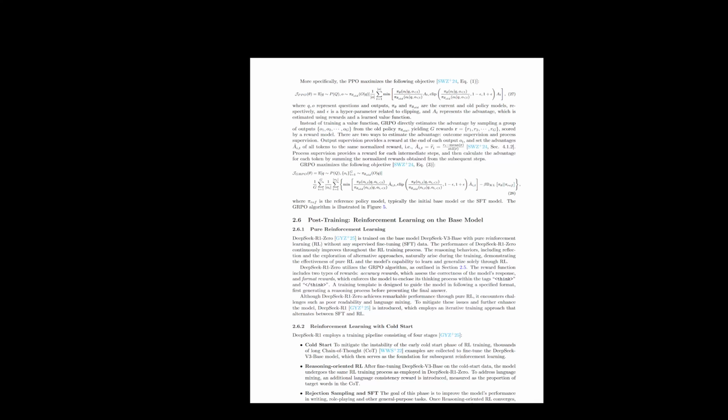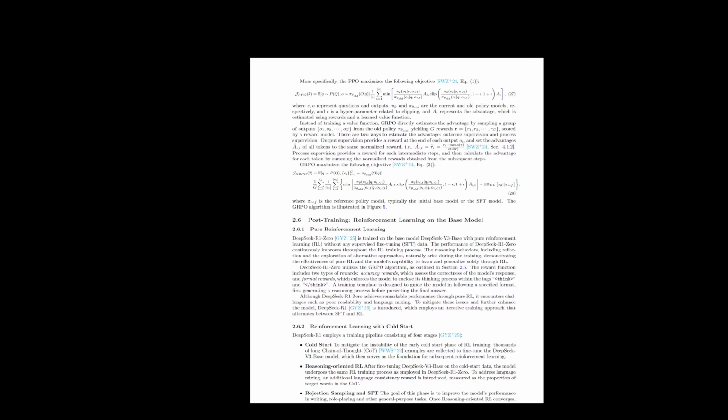Instead of training a value function, GRPO directly estimates the advantage by sampling a group of outputs o1, o2, through oG from the old policy pi theta old, yielding G rewards R equals r1, r2, through rG, scored by a reward model. There are two ways to estimate the advantage: outcome supervision and process supervision.